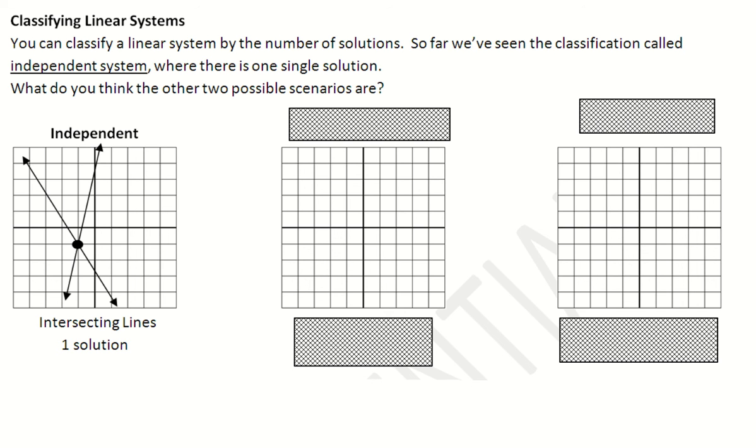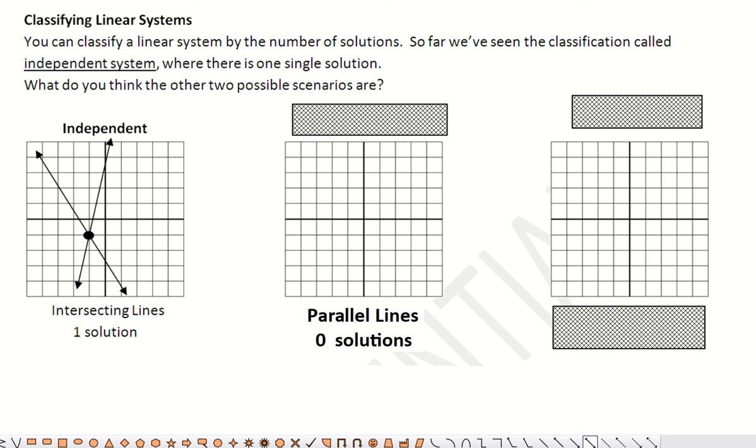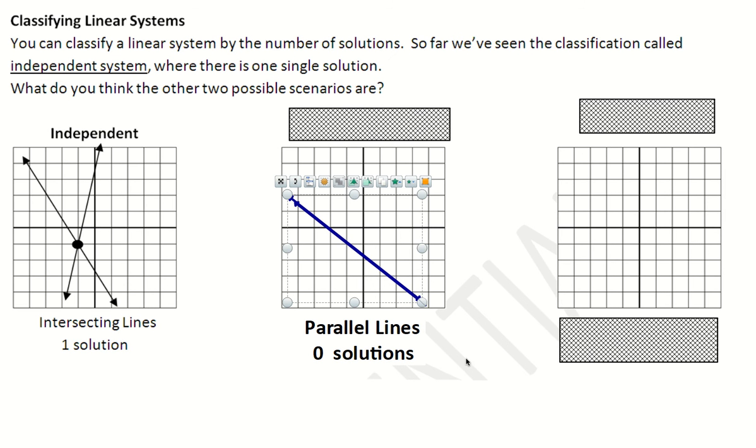Well, perhaps you thought of parallel lines, which, spoiler alert, sorry, let's go with navy blue. So just some random, okay, two lines that were parallel, because that can happen.